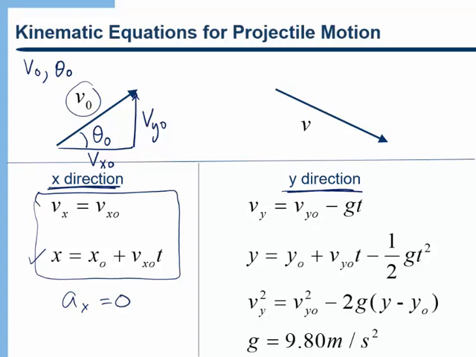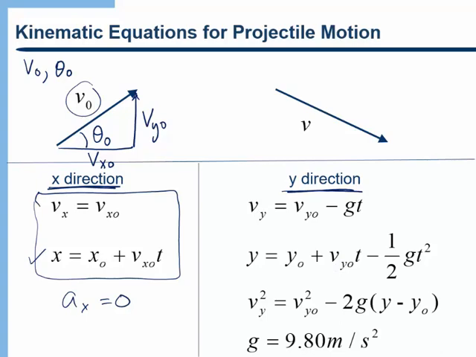Now in the y direction, the kinematic equations look almost identical to when we looked at them for one-dimensional motion. The only thing that's different is we've had to add additional subscripts because we have to distinguish from the x direction, but otherwise they're identical.